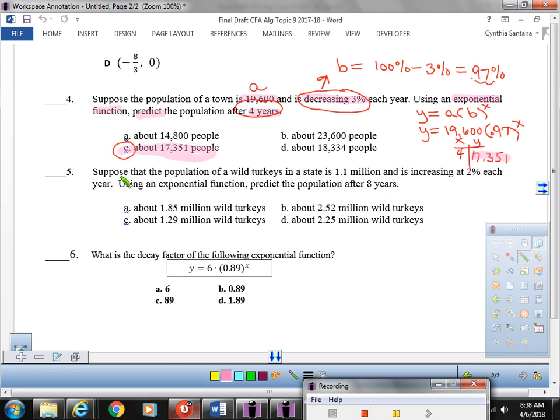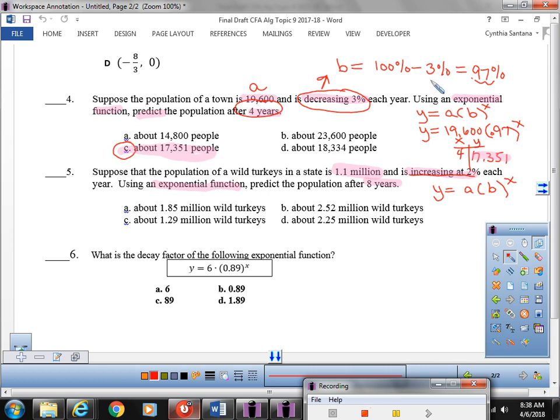Now, number 5, it says suppose the population of a wild turkey in the state is 1.1 million, and it's increasing 2%. So again, they want you to come up with an exponential function, predict the population after 8 years. So you had to do this again on both of these. Now, did they say increase or decrease? Increase. So instead of doing what we did up here, where we subtracted the percentage, you're going to want to add the percentage.